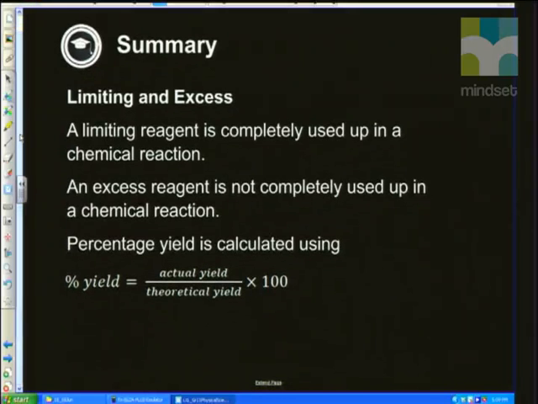Limiting and excess reagent. What is a limiting reactant or reagent? A limiting reagent is completely used up in a chemical reaction. Nothing of this substance remains after the completion of the reaction.